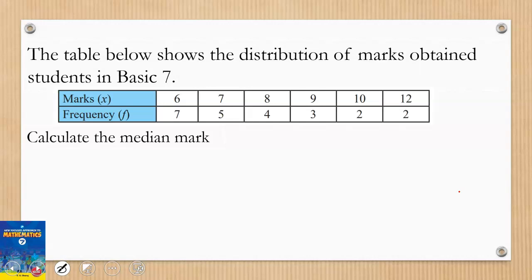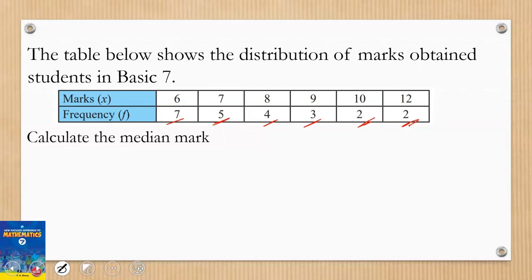Now let's take another example with ungrouped frequency. We want to find the median mark. With this one, you first have to look at the total frequency, the total number of people in the class. The total number of people will give you the values here: 7 plus 5 plus 4 plus 3 will give us 19. 19 plus this 21 plus this will give us 23.